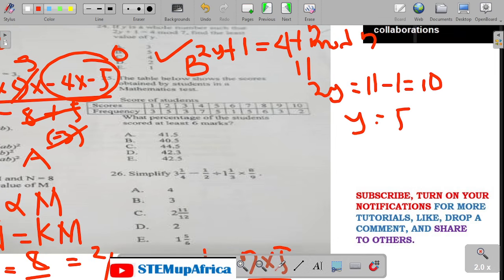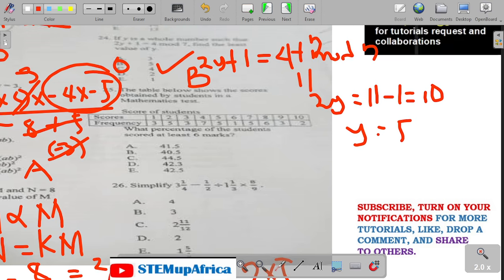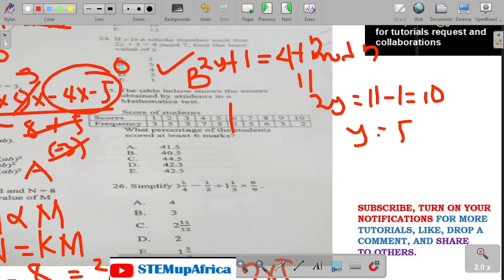It said find the percentage of good scores, at least 6. At least 6 means 6 and above, which is from here down. That is at least 6. But let's get the total number, which is 3 plus 5 plus 3 plus 7 plus 5 plus 1 plus 5 plus 6 plus 3 plus 2. That will give us 40. So this is 6, 12, 17.